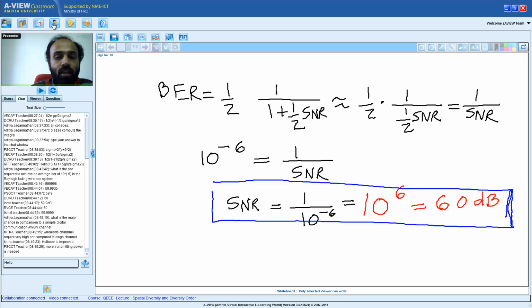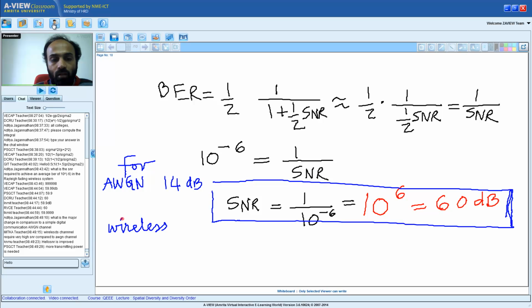As you can clearly see, the SNR for AWGN was approximately 14 dB, but now for wireless the SNR is 60 dB, right?